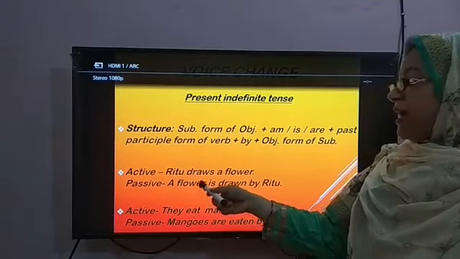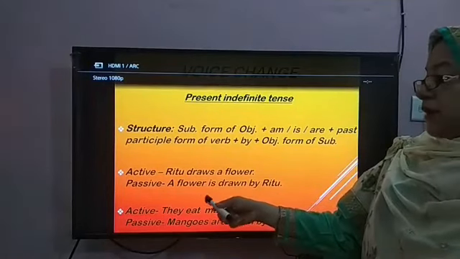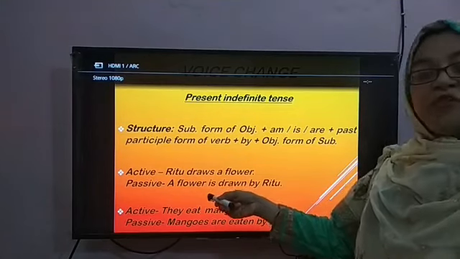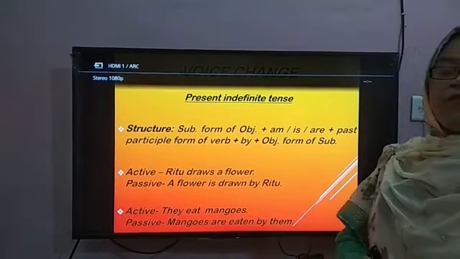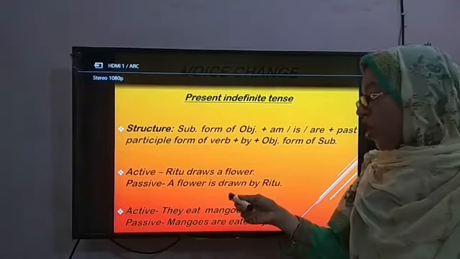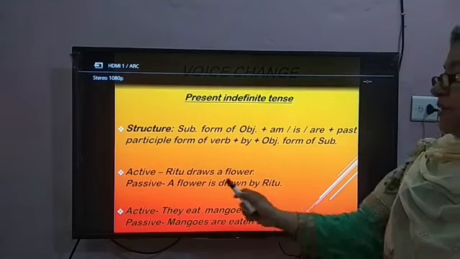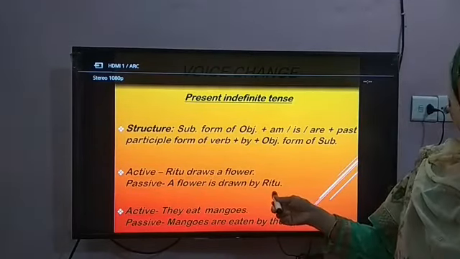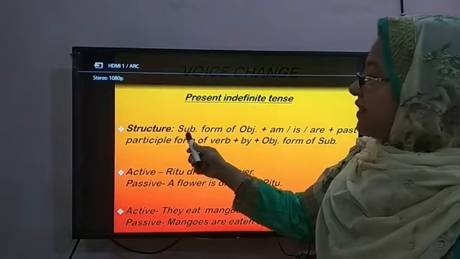A flower. And I use be verb. This is the singular number of flower, so I use be verb is. Then past participle form of draw. What is drawn? Then I use by and objective form. Subject becomes object, that means Ritu. So look at the structure.